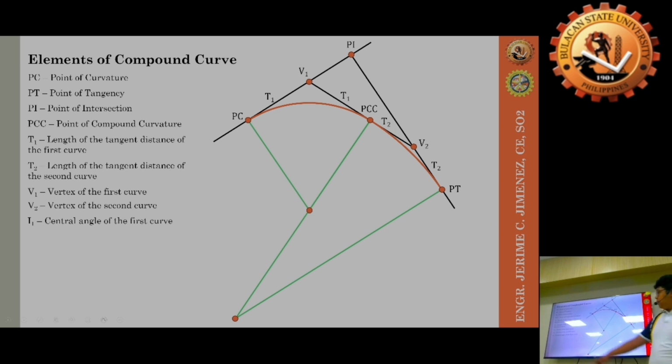Eh, since I sub 1 to, hahanapin nating vertex is V sub 1 or the vertex of the first curve. And the V sub 1, therefore, ang I sub 1 natin is located dito. Yan yung I sub 1 natin. Okay? And then, sabi natin, dinerive na rin natin na if this is I sub 1, therefore, the angle between PC and PCC is also I sub 1.